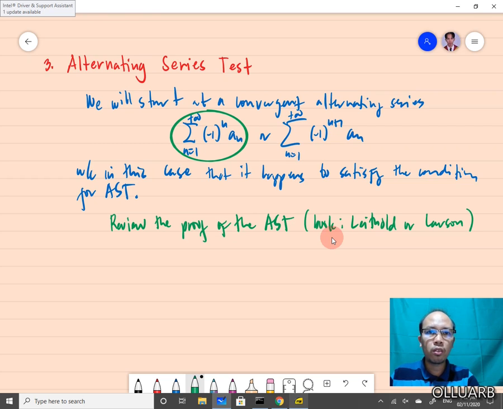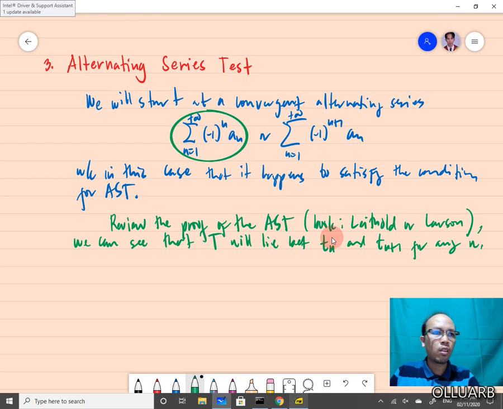Okay, so just review the proof of the AST, and then we can see that the sum t will lie between the partial sums t sub n and t sub n+1 for any n, and so we have this inequality.